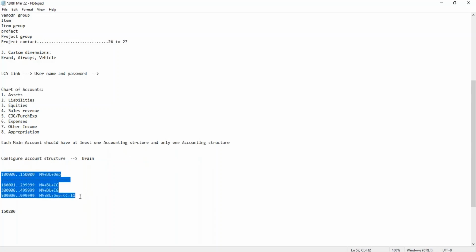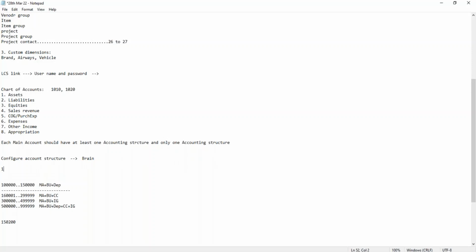Based on that particular chart of accounts, we have to set up a number range, if I am not wrong. Yes, exactly, you're right. Suppose your accounts are 101010 and 10101020, then you need to define the account structure as 100 to 3999, because you are using 4-digit characters.